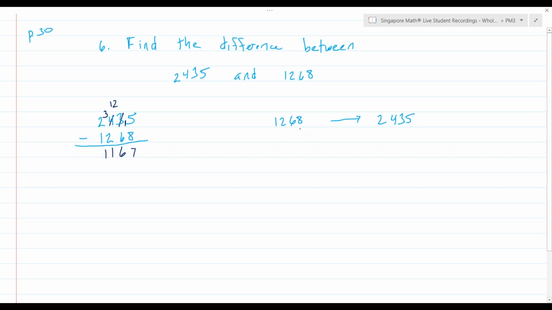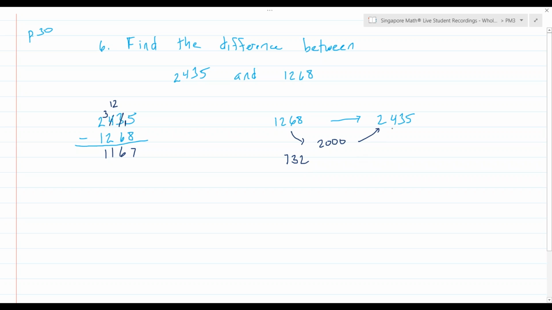I also like the idea of taking 1,268 and making it 2,000 by thinking about adding so that I have 7, I need 9 hundreds, so I add 7. I need 9 tens, so I add 3 tens, and I need 10 ones.